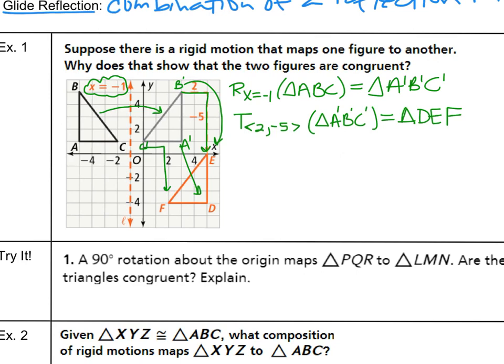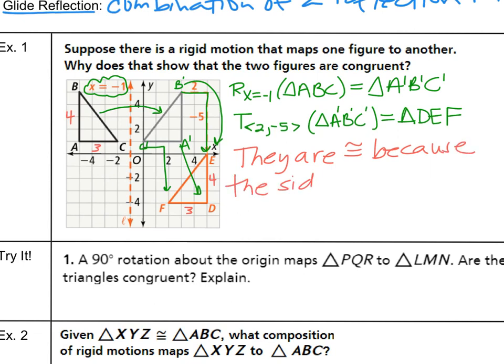Now, it says, why does it show that they're congruent? Well, if we look at these side lengths, from A to C on that very first triangle, that's 3 units. And D to F is also 3 units. From A to B, that's 4, and D to E, that's also 4. So we'll simply write that they are congruent, with the congruent symbol, because the sides and angles stayed the same, which is always true with rigid motions.